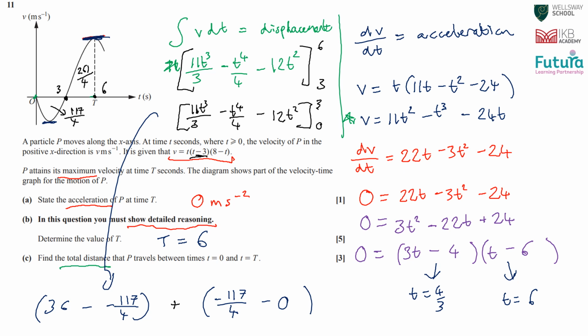And so finally, to get the actual area, we need to do this plus this. When we add them both together, we come up with an answer of 189 over 2, or another way of saying that, 94.5. So I'd probably give it as 94.5 meters.